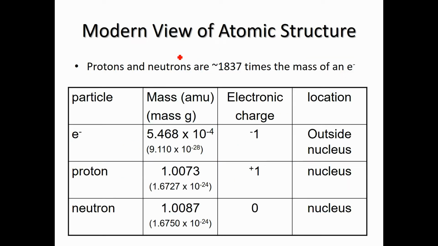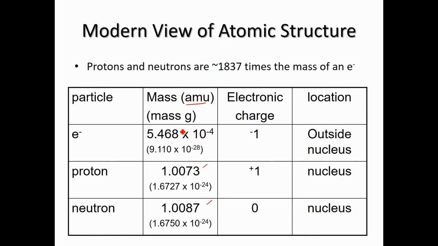Okay, so in the modern days, the atomic structure will have the mass of an electron being 5.468 times 10 to the minus 4 atomic mass unit. We call it AMUs, atomic mass unit. The proton will have 1.07, and then the neutron will have 1.087.